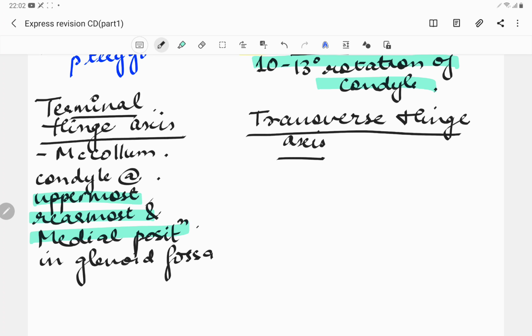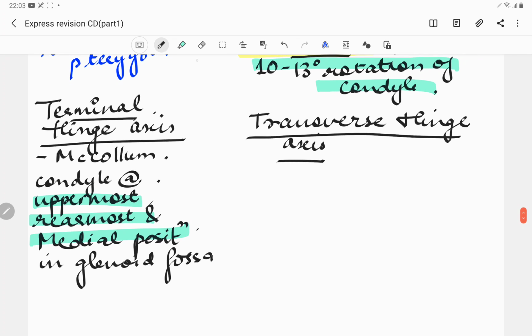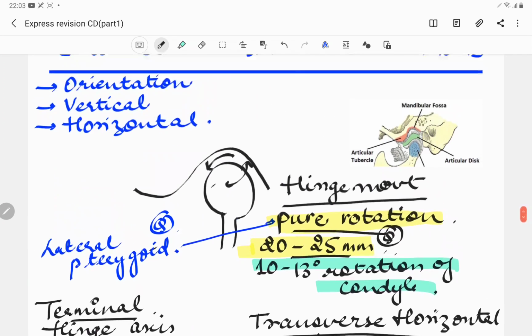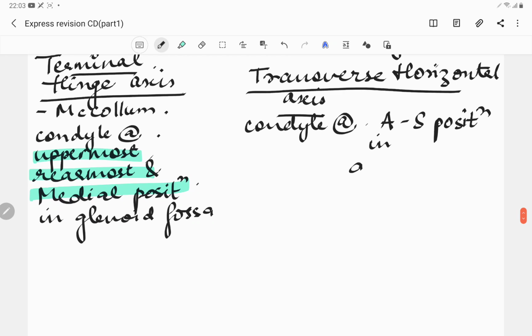Now talking about the transverse horizontal axis. This is the transverse horizontal axis. So the transverse horizontal axis is again the rotational axis of the mandible, but here the condyle is at the anterior superior position in the glenoid fossa.